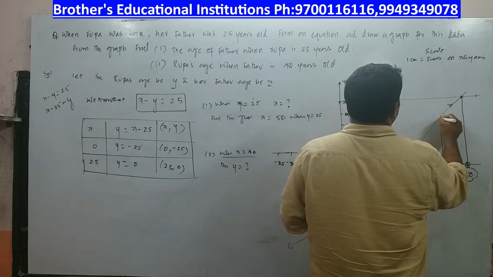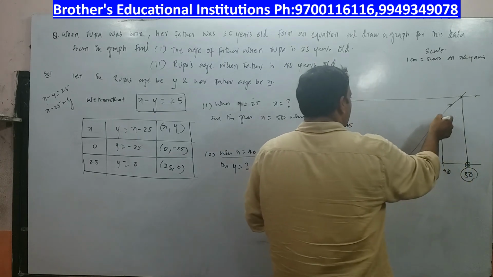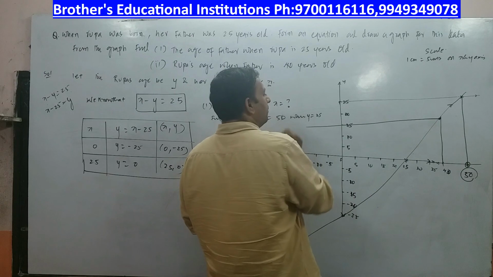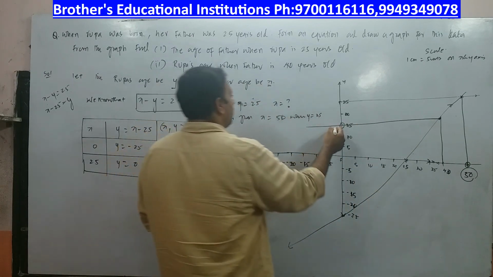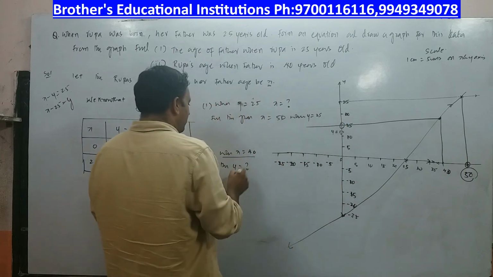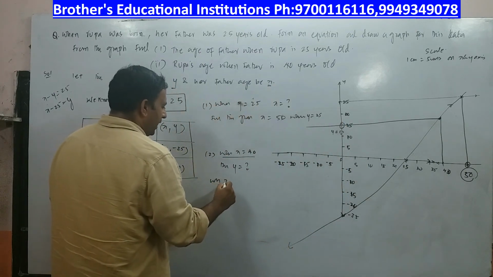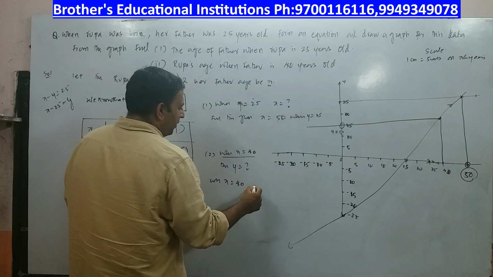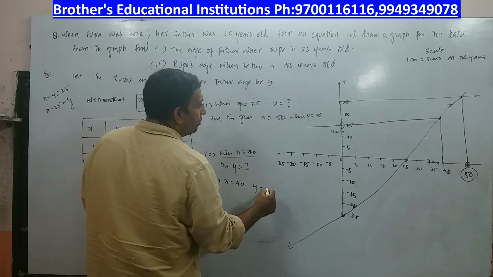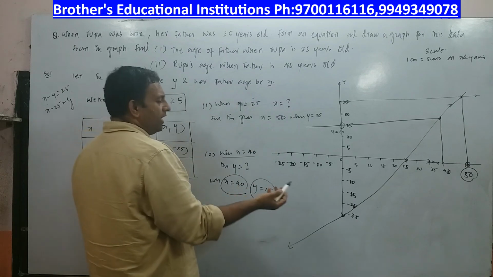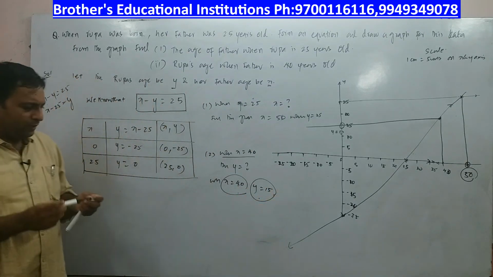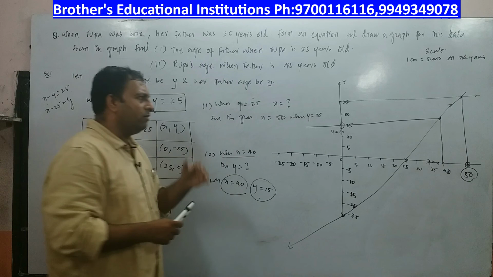It is intersecting here. From here, you draw a line parallel to the x-axis. It is intersecting here. The value of y is 15 there. So in the second case, when x is equal to 40, y is equal to 15, is it not? Always the difference of the ages will be 25. So using the graph, you can respectively find the values, children.